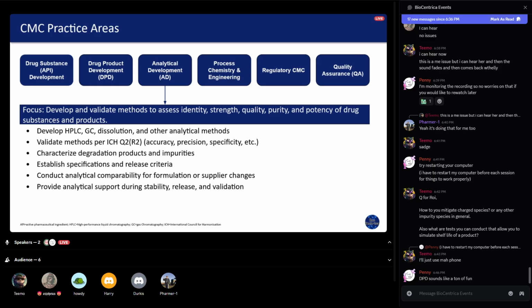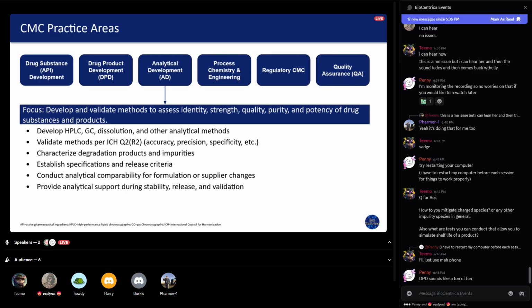The analytical comparability for formulation or supplier changes. Sometimes, actually, you do not need to do a bridging study. And when that happens, it is usually a comparability between 2 batches. So when you're making a batch, a really, really large manufacturing batch, you have to guarantee that these 2 batches are going to be the same.